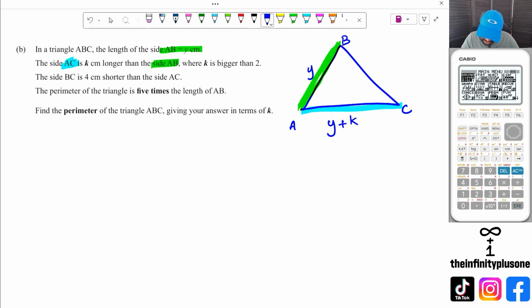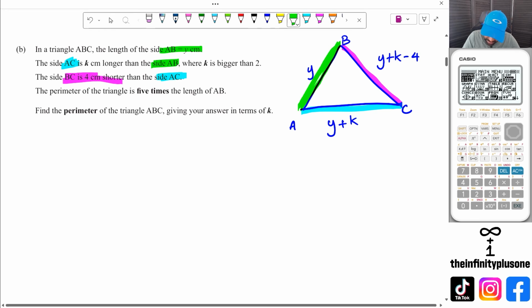Then the side BC, I'm going to go with pink here, is 4 centimeters shorter than side AC. So here we're going to have 4 centimeters shorter, so that's going to be y plus k minus 4. And finally, they tell you that the perimeter of the triangle is 5 times the length of AB.